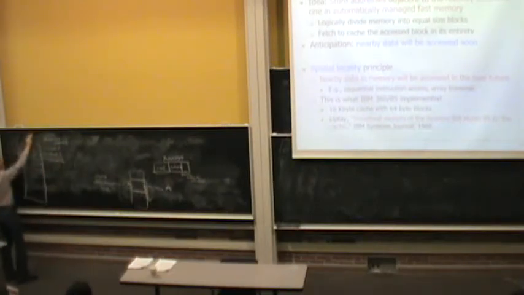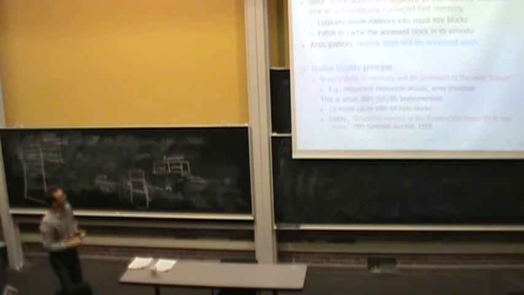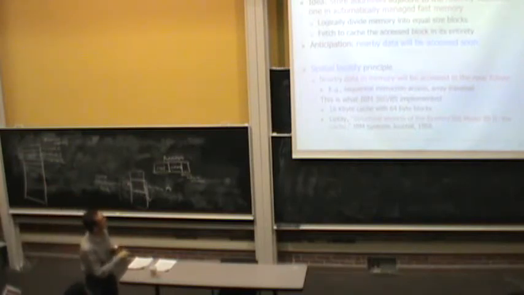And when you access an address in a block, let's say you access this word in block 2, let's say this is 145. Don't just bring in the bytes or the word at 145, but bring in the entire 64-byte block that this word falls into. Okay? So that's the idea of spatial locality.